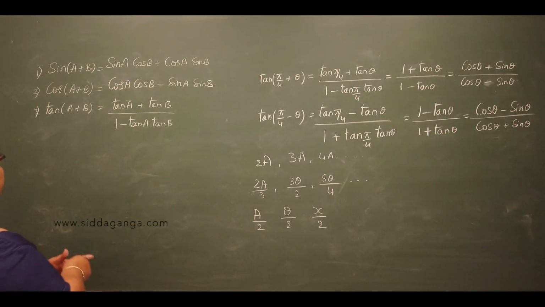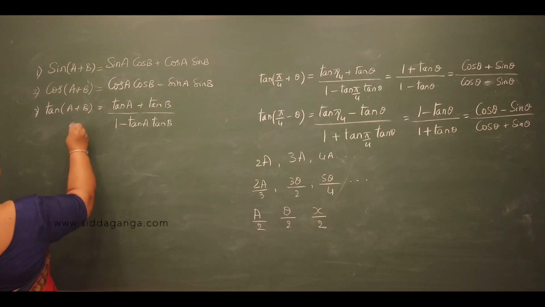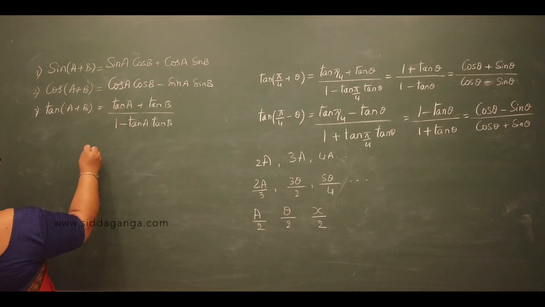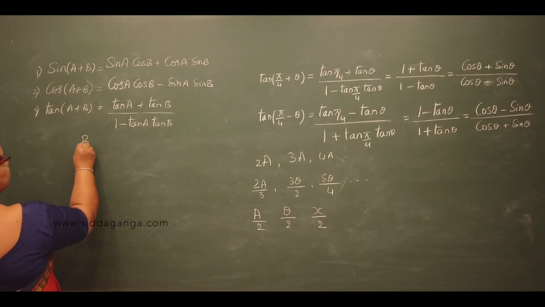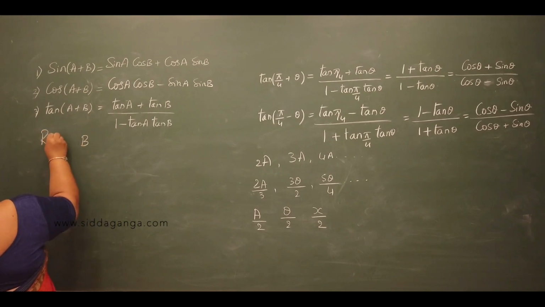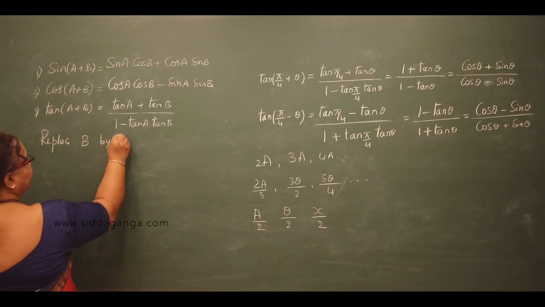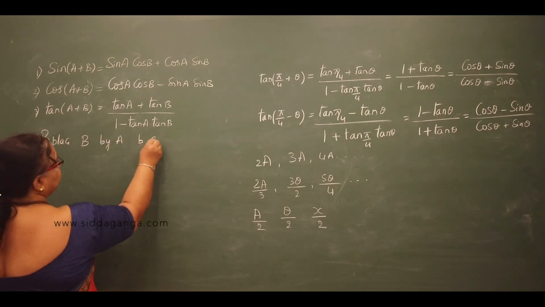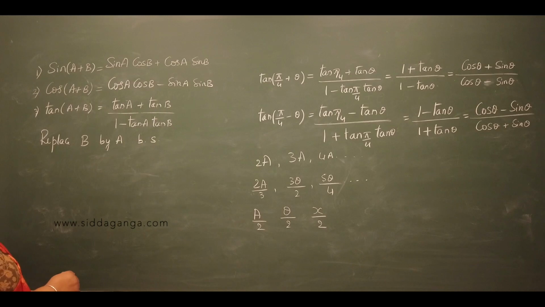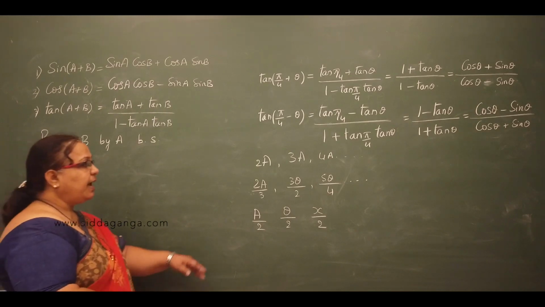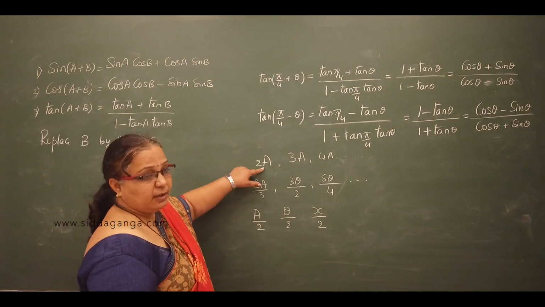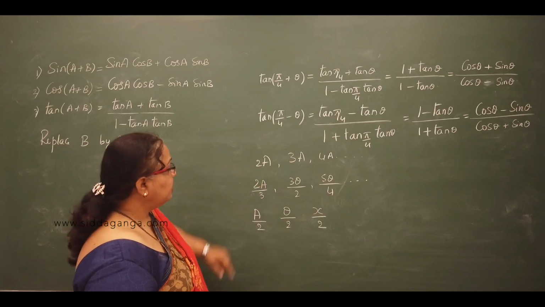You replace B by A on both sides in the above results. Then we get the results for the multiple angle 2A with the ratios.